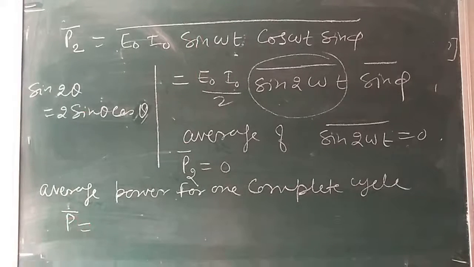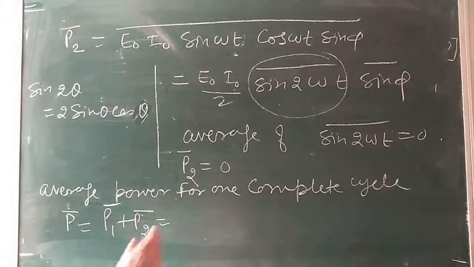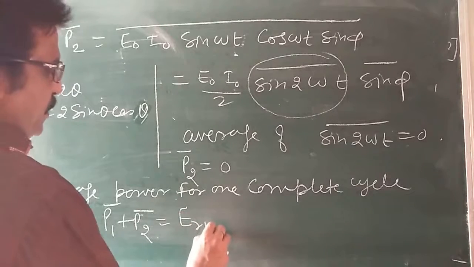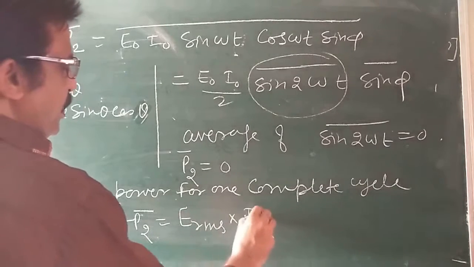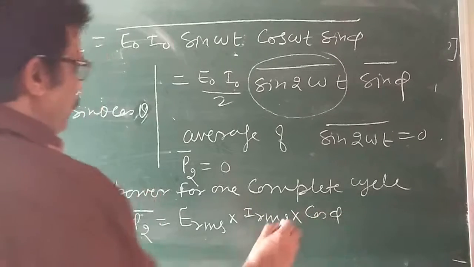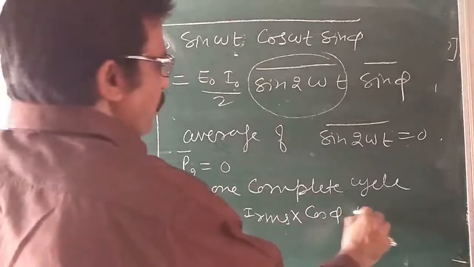So P bar is equal to P1 plus P2. But we know here P2 is equal to 0. So we are getting here only ERMS, IRMS and cos phi that we have calculated in P1. And the second part of the power is 0.